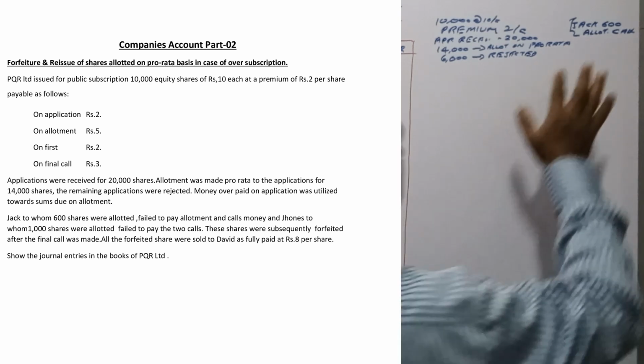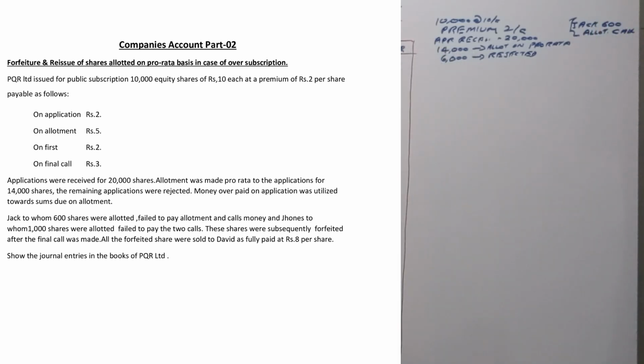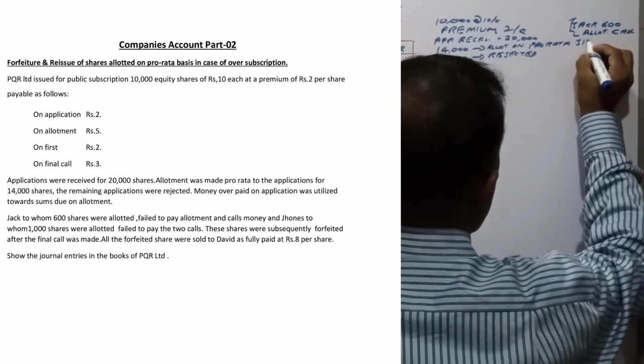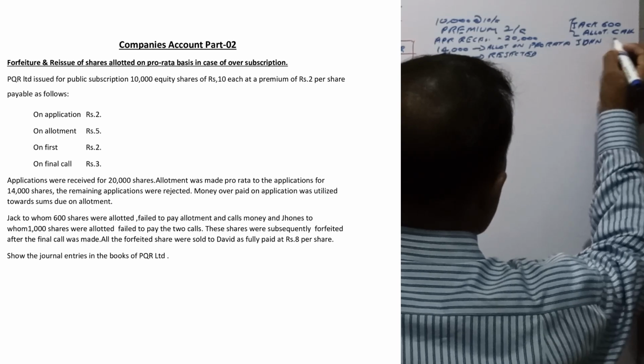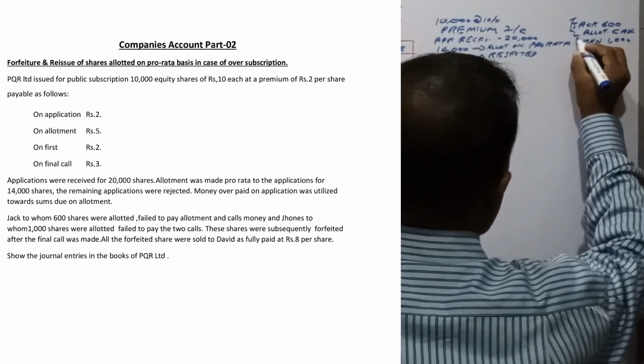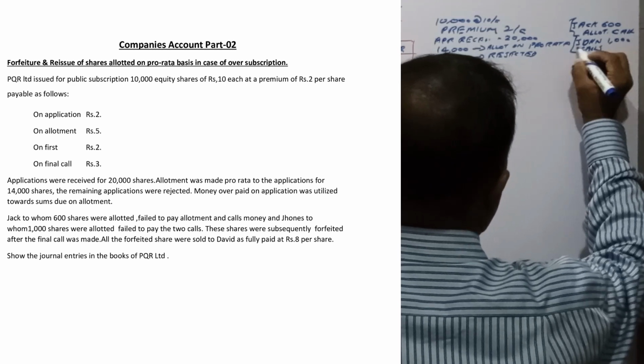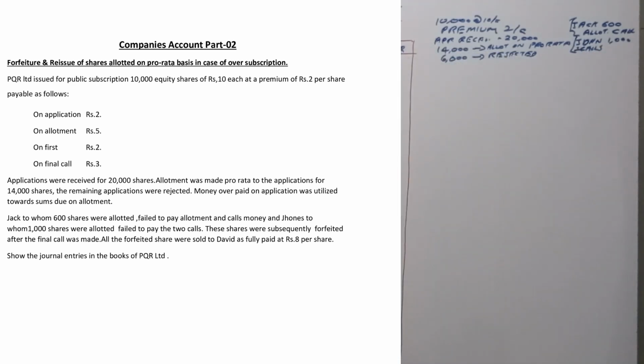And John, to whom 1,000 shares were allotted, failed to pay the two calls. John, for 1,000 shares, failed to pay the calls. Two calls, right?